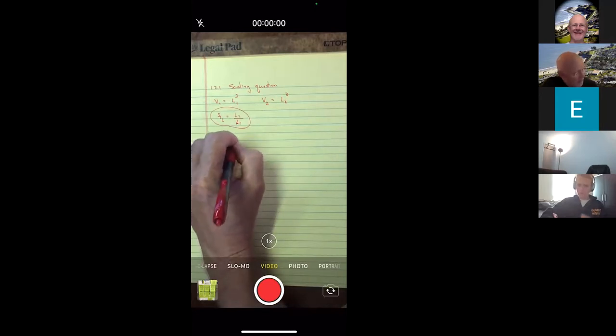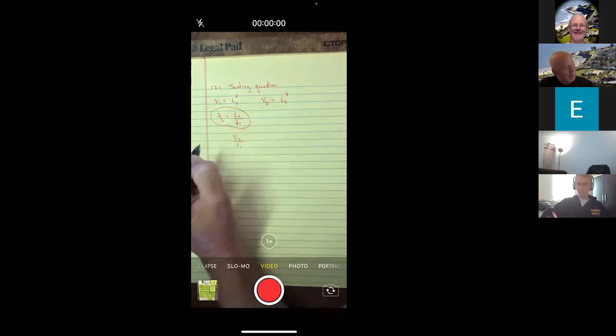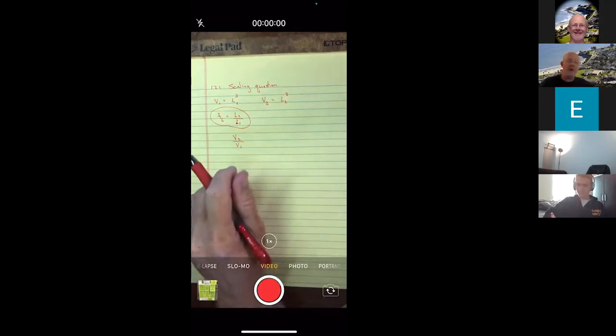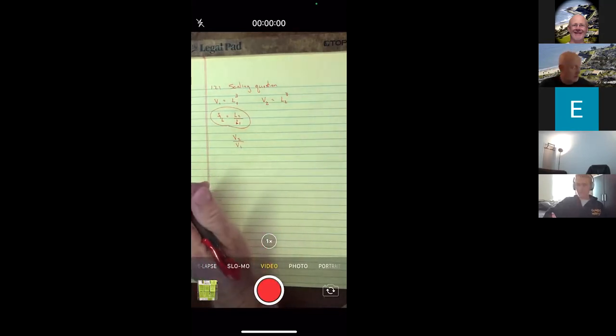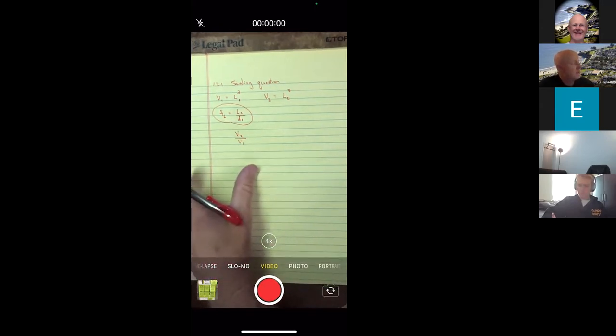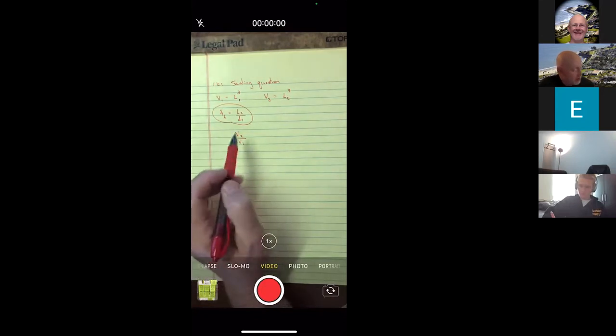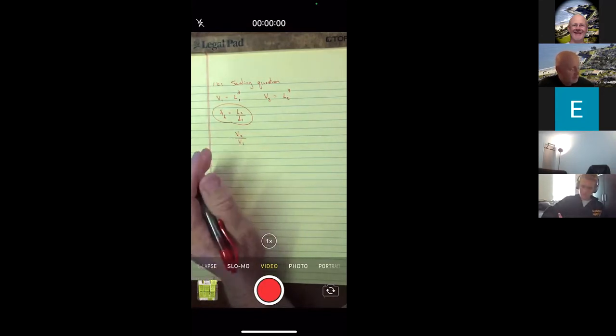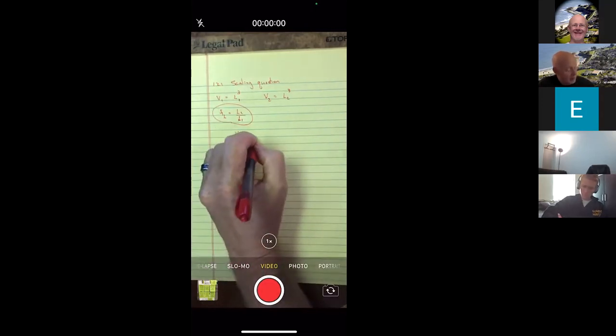But if I went volume 2 divided by volume 1, that would be a scaling factor comparing their volumes. Since your instructor didn't give this any kind of symbol, let me do the same.